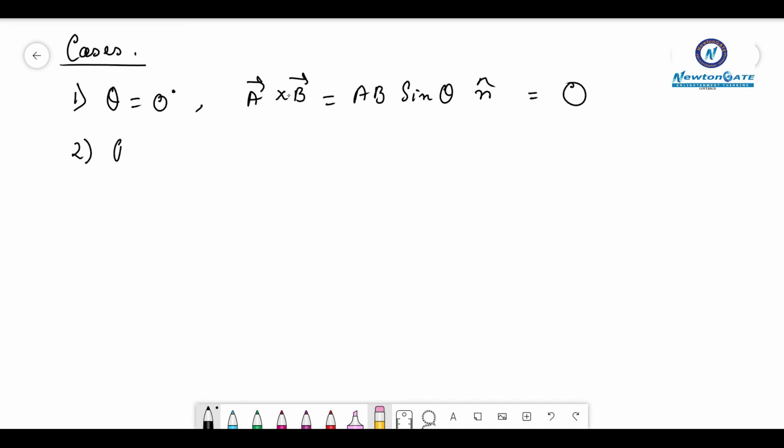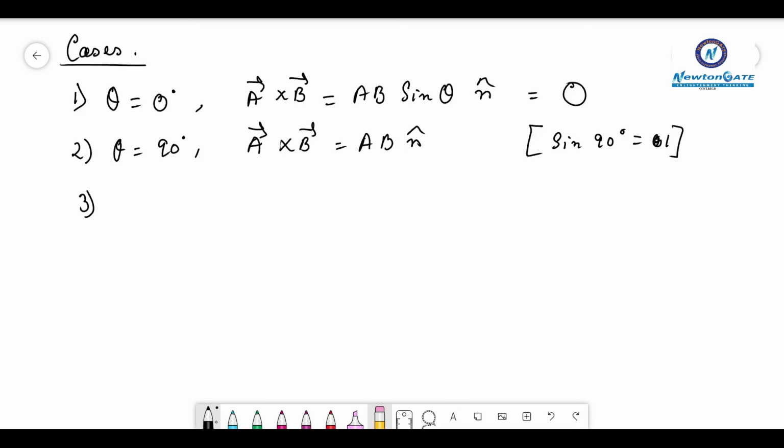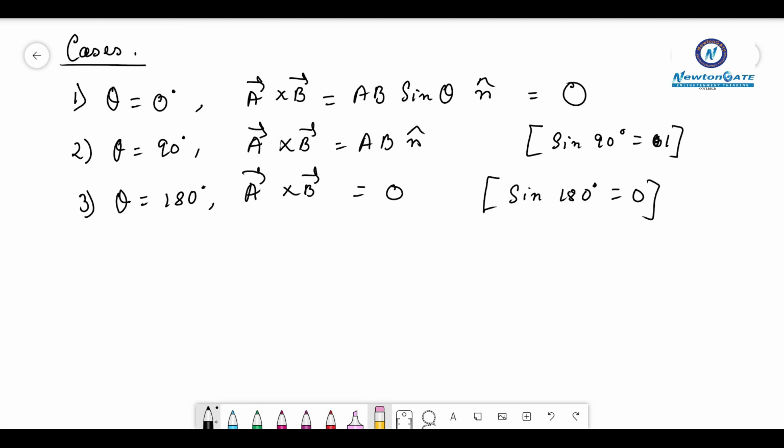Next, when theta is 90 degree, the value of sine 90 degree is 1. So A cross B will give me AB n cap. The third one is theta equal to 180 degree. A cross B will be 0 because sine 180 degree is also 0. These are the cases for theta.